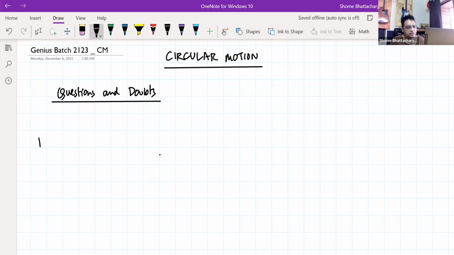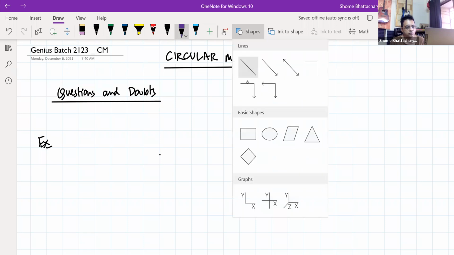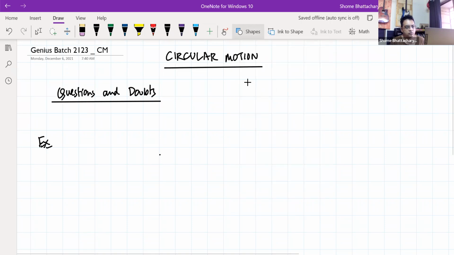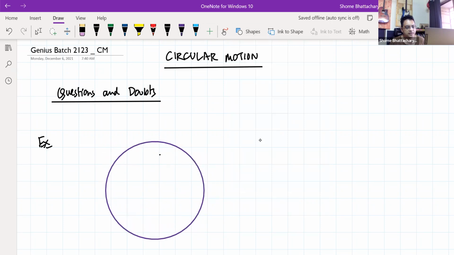Okay, let's start with this example question to do with vertical circular motion. So we again have that situation of vertical circular motion of a particle attached to a thread.